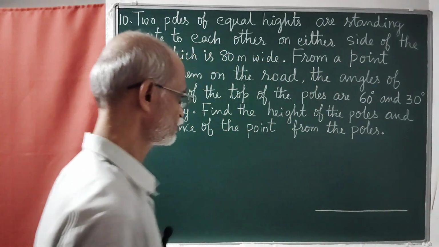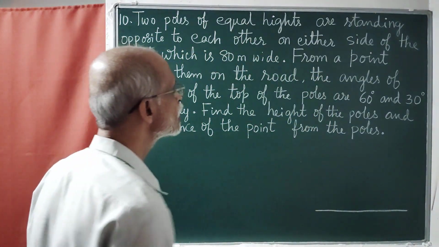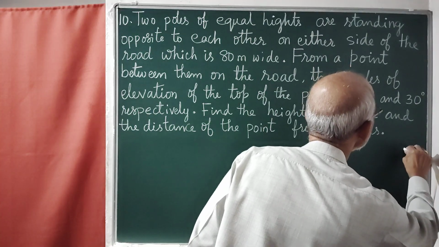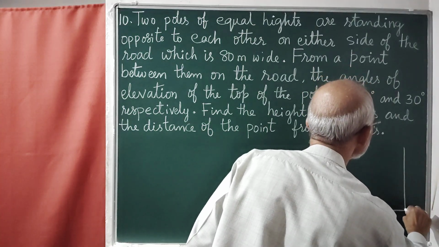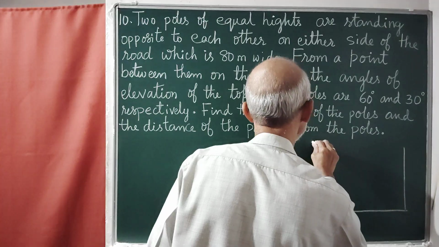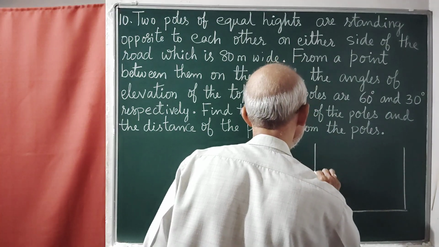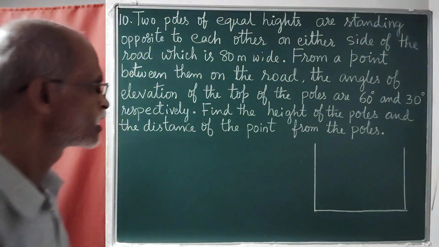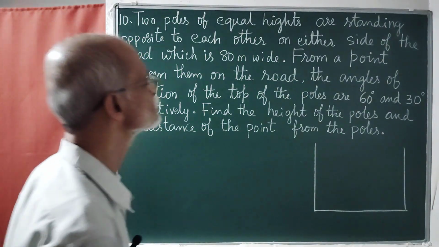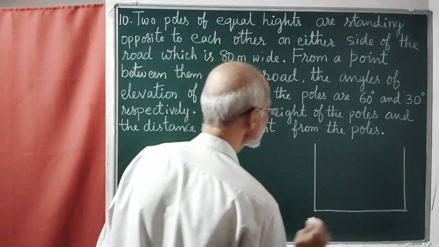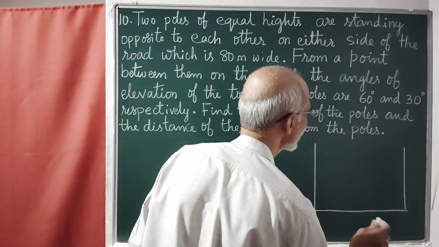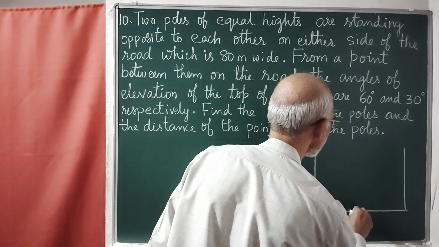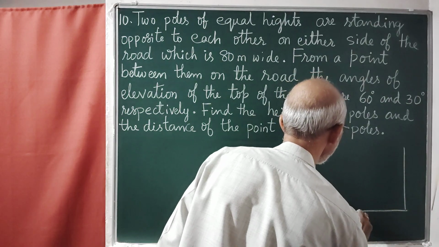Let this be the road, and we'll draw two poles. The poles are of equal heights. And we'll take a point in the middle. Let that point be E.